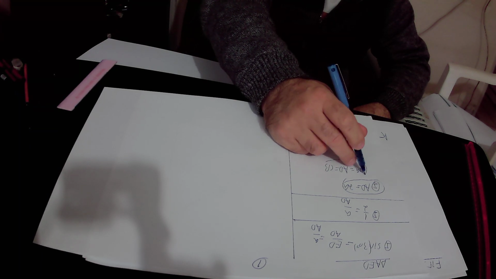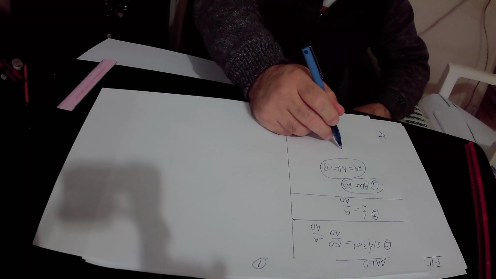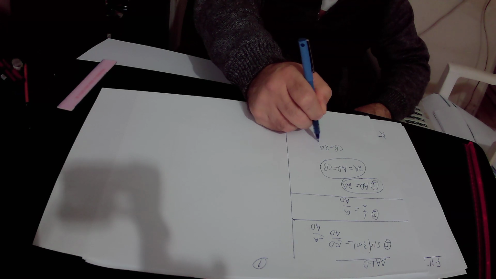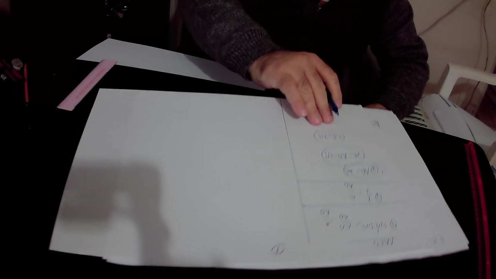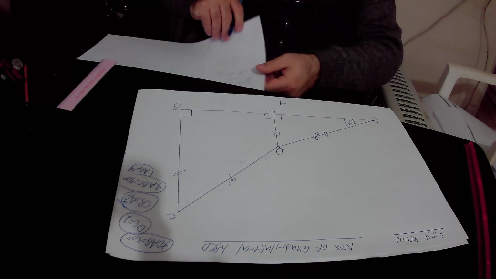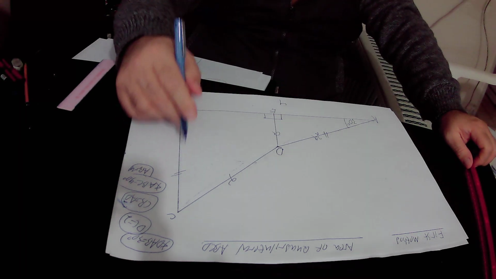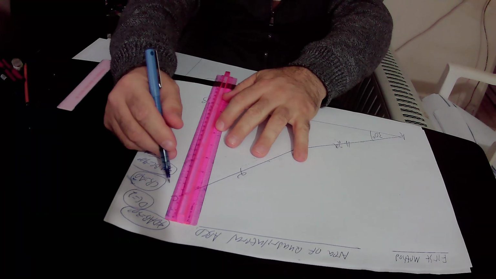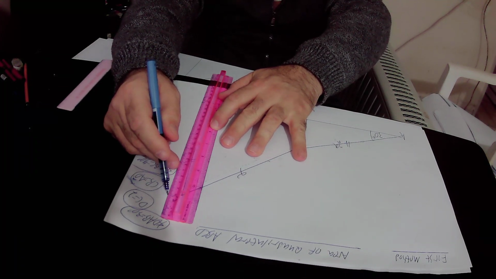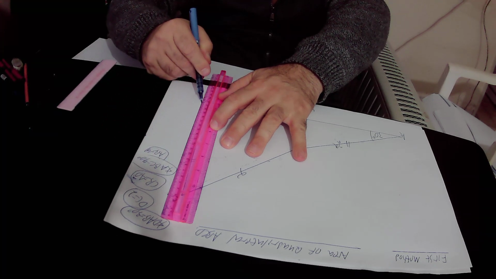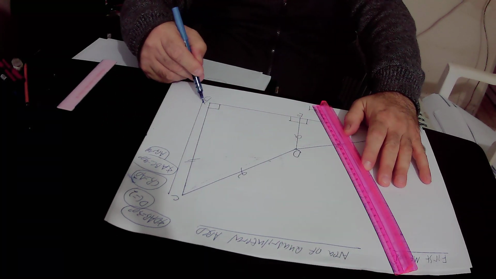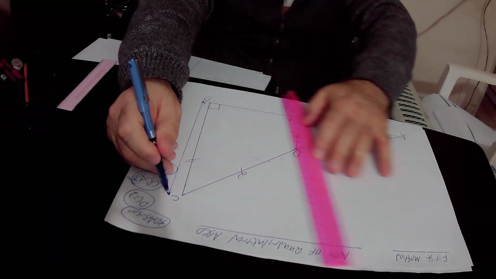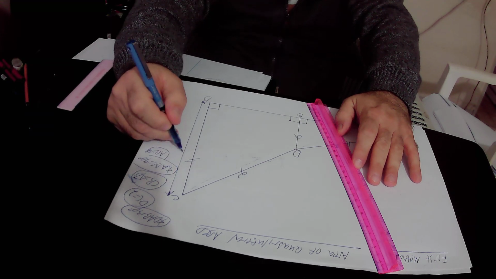From this equation, we will derive that CB also equals 2A. So we can write here that the length of side CB is 2A.